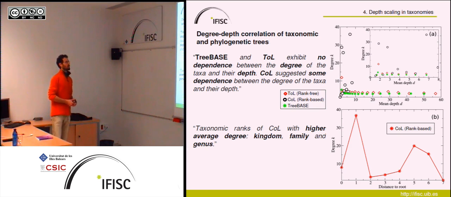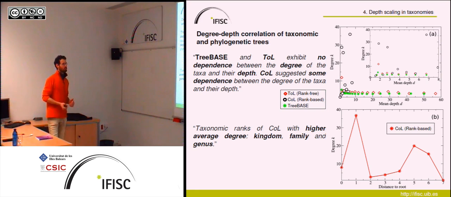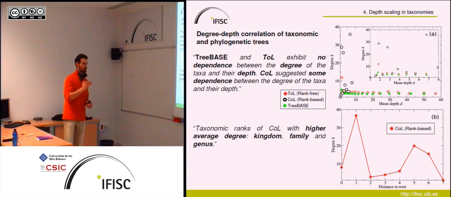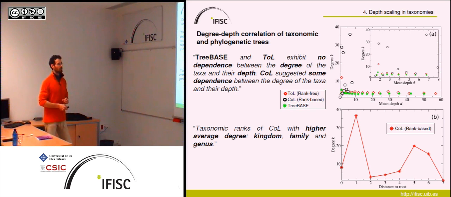Given that the Catalog of Life construction is based on a rank-based taxonomic criterion, we were able to identify each taxonomic rank with a certain distance to the root. We characterized the average degree of each of the different ranks of this taxonomic tree, plotting the average degree as a function of the different ranks.